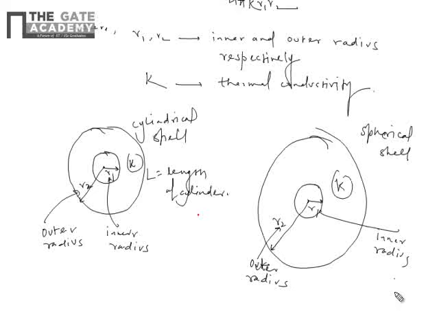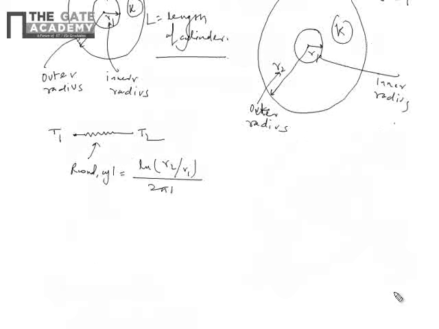Okay, so the electrical analogy of resistance for a cylinder will be T1, T2, and this one will be R conduction cylinder equal to ln of R2 upon R1 upon 2 pi KL.